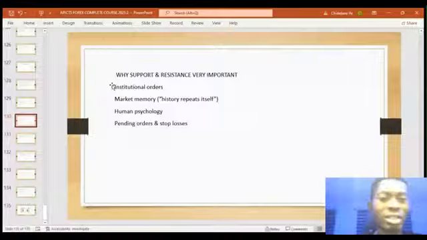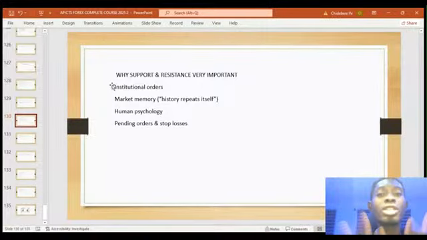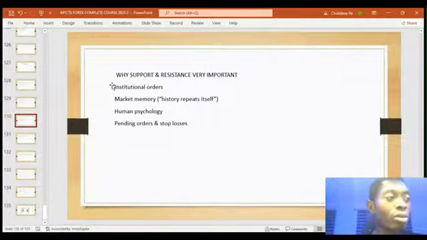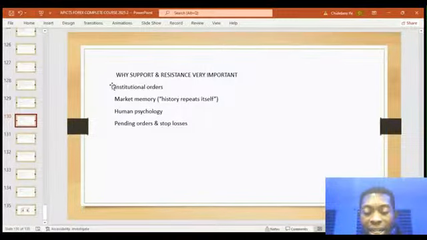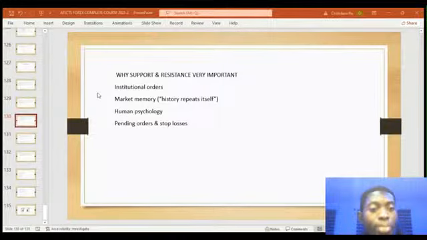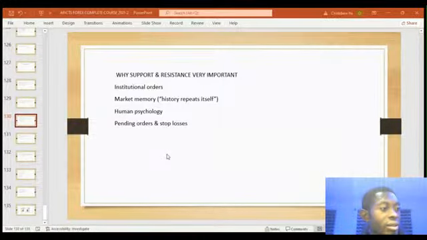You can still go back to our first or second class and see what we showed. I showed you a chart, and I showed you that these are the people that put massive amounts of money in the market.